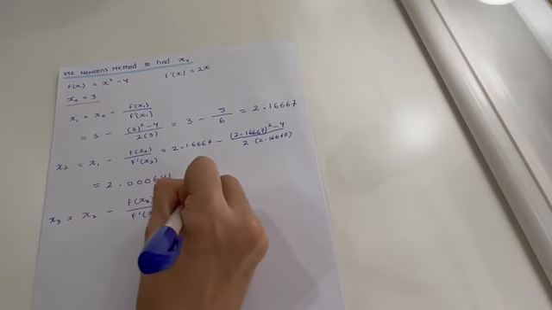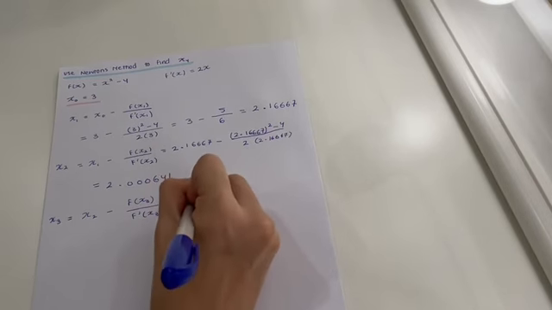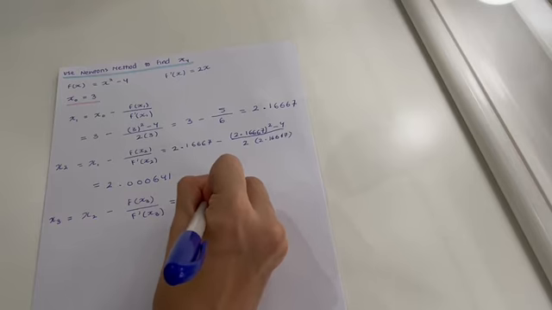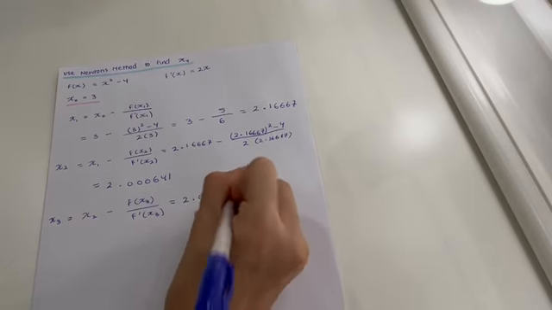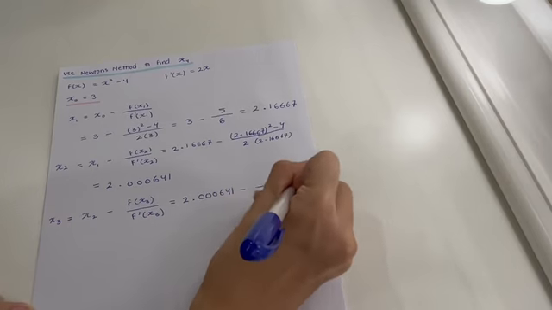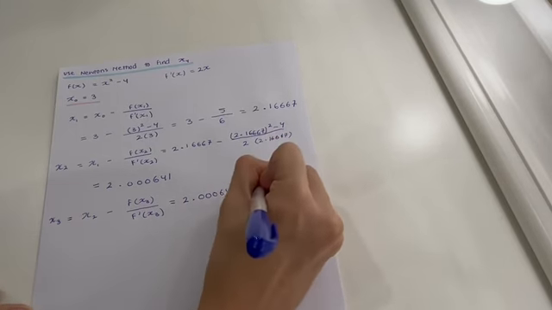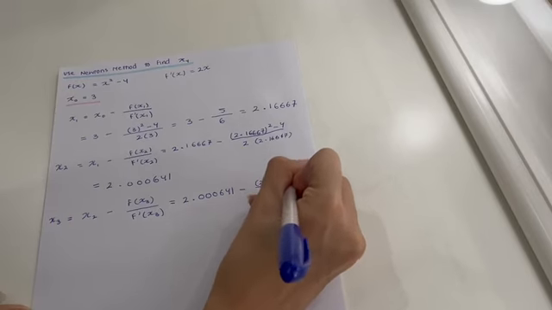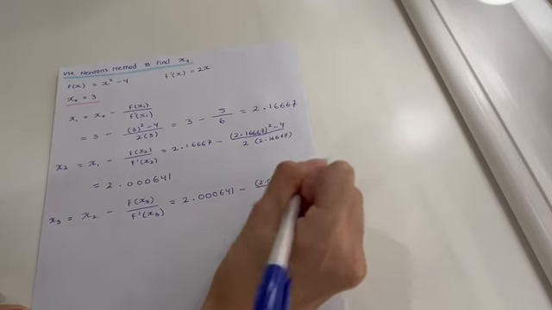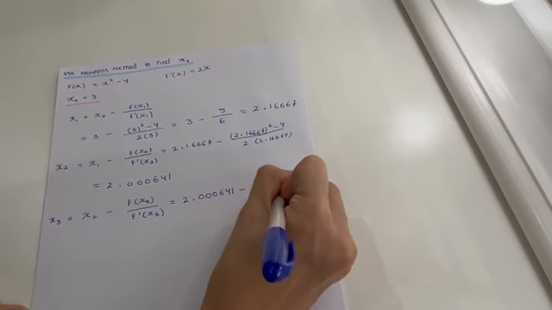So we're going to write 2.000641 minus, once again, we're going to take this. This is a long number. And then we're going to write.